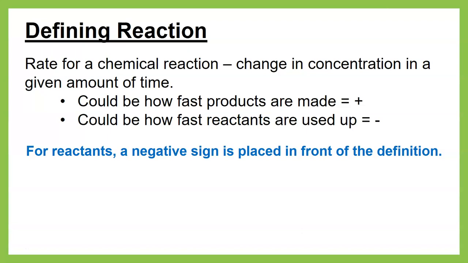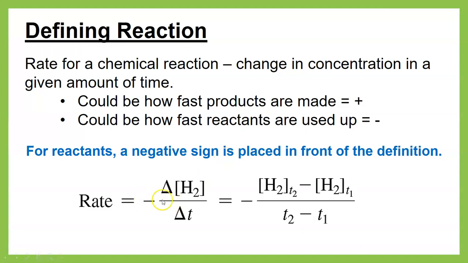Now, we often want to be able to compare our reactants and products to each other. So to help with that comparison, we stick an extra negative sign in front of any of the reactants. That way, when we have a negative of a negative, we typically are able to express our rate as a positive when comparing it to other things.